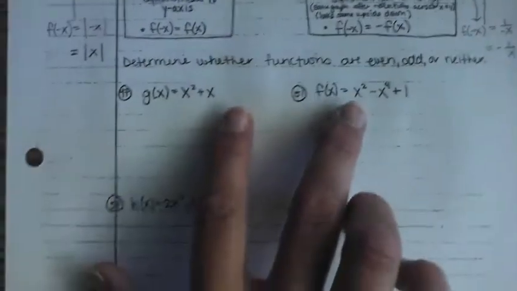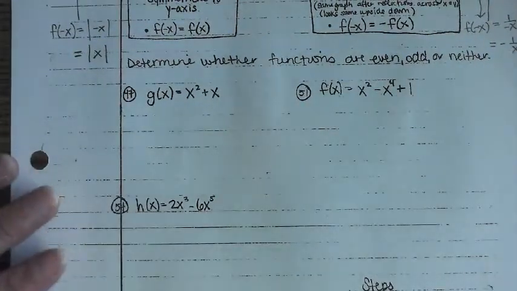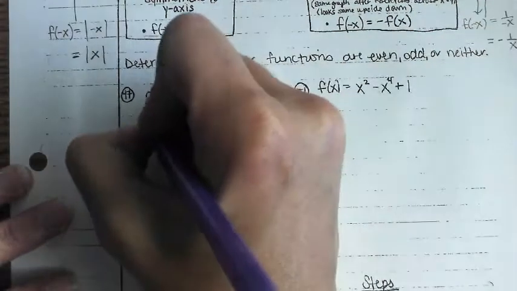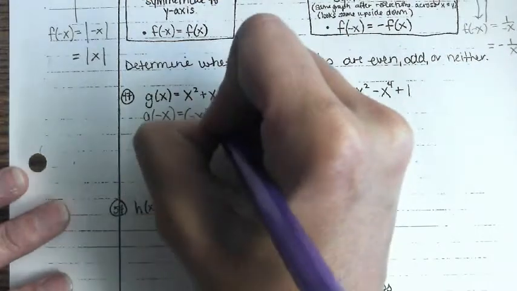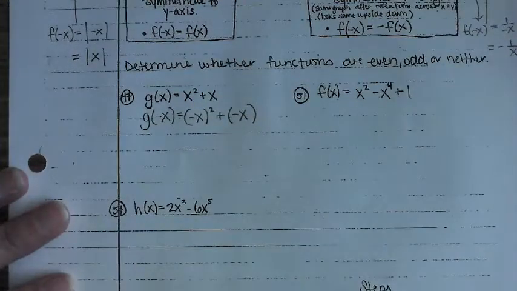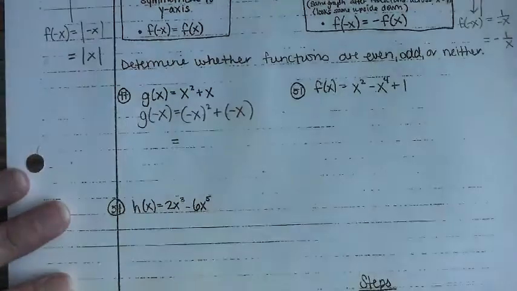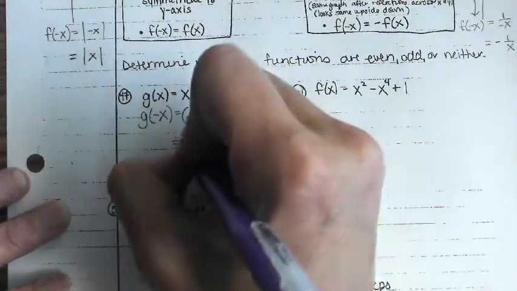So algebraically on this one, we're just going to check to see by plugging in negative x for all of our x's, and then simplifying. So what is negative x when we square it? X squared.